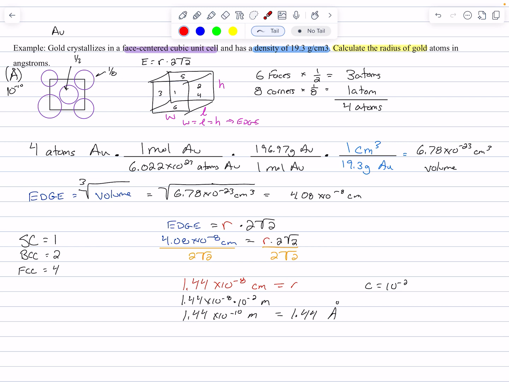Then we knew how many moles that was, then we found out how many grams that was, and then we used the density to get the volume. And once we get the volume, we can get the edge of a cube, because we're only going to do simple cubes in this course. So we take the cube root, and we get the edge. And then we found the radius with the formula for face-centered. And then we just converted the number from centimeters to angstroms. Hopefully that works. And let me know if you have any questions.